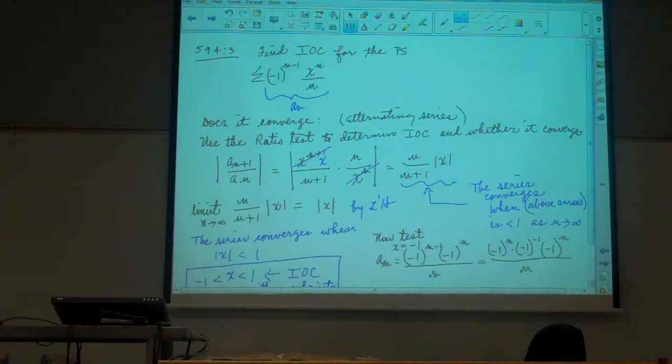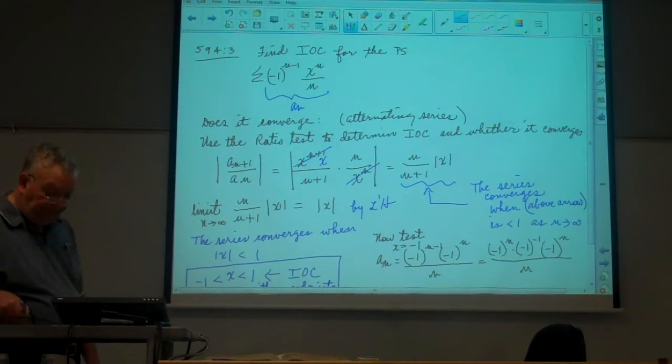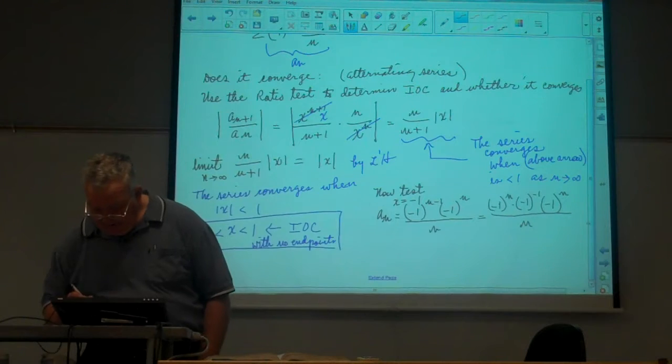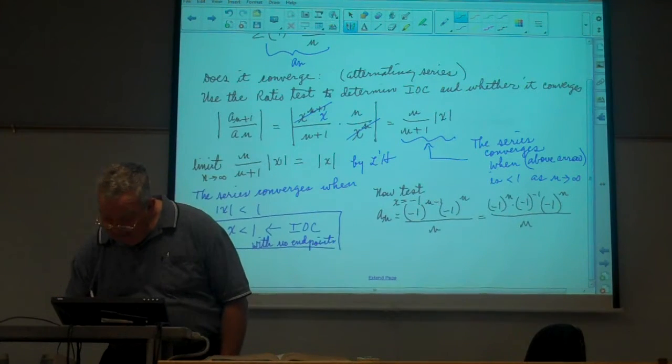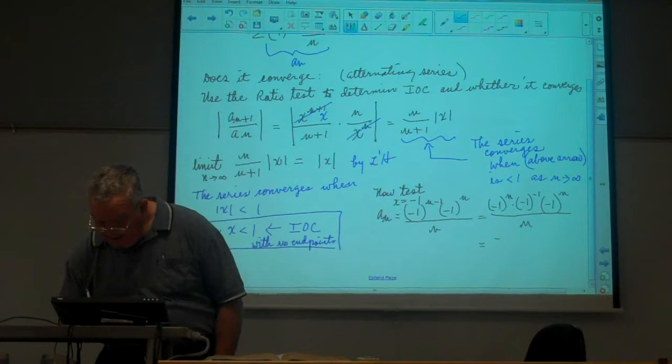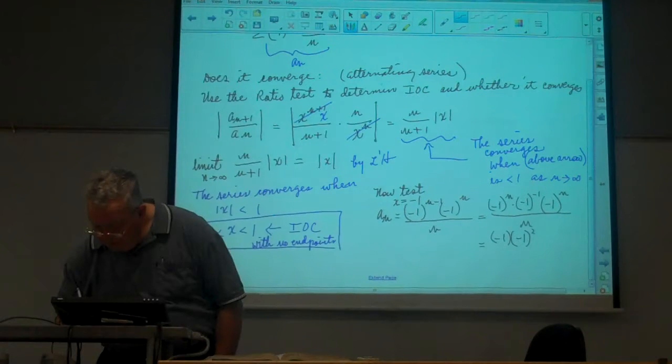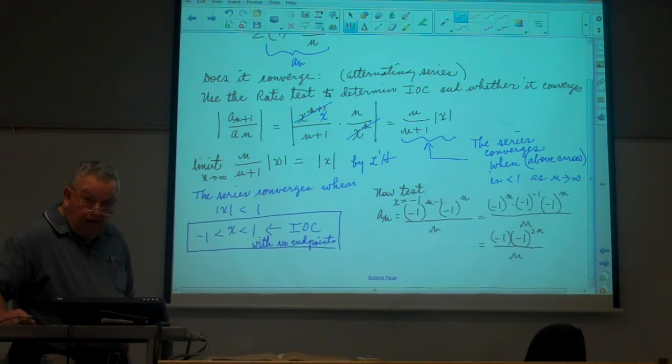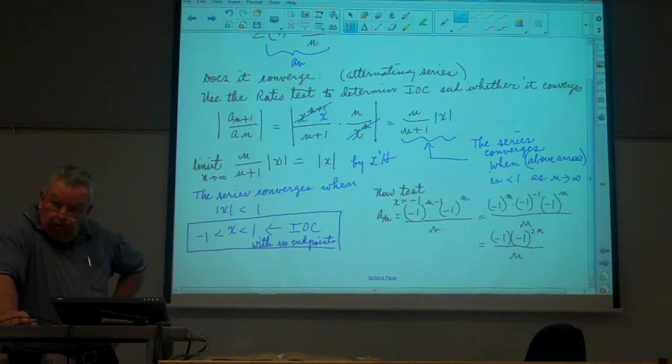So, watch this. We'll just play around a little bit with some algebra. That then is equal to minus 1 times minus 1 to the 2n over n. Everybody agree with that?